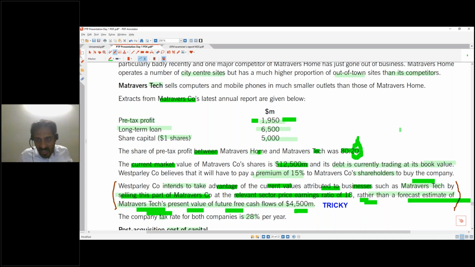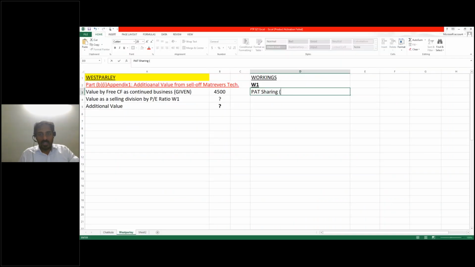That means 20 for Tech. So let's take out the figure: 1,950 multiplied by 20%, and multiply by after tax, because we need after tax, 72%.